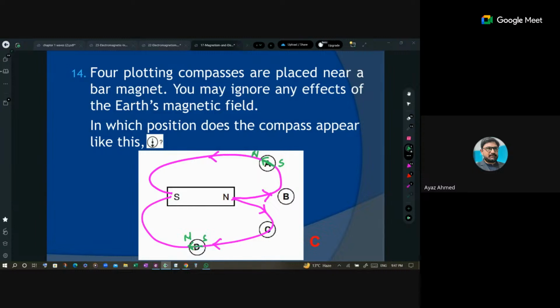At B, if I get this magnetic field over here, it means the pointer needle will be upward. Similarly, if the magnet is at C, then the pointer needle would be in the downward direction. It is not exactly downward, but it is somewhat in the downward direction. Is it clear to all of you? Yes.